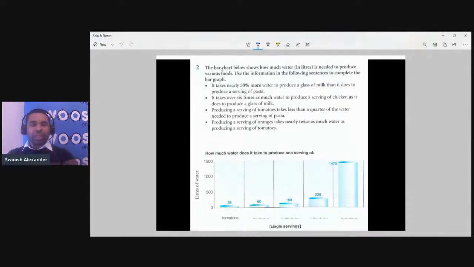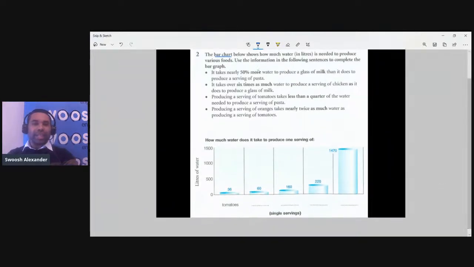And of course, we can see that if we look at the top here, it tells us that it's a bar chart, and we can see that by looking as well at the information in the chart. So what we have here then is a description of the chart. We can see that in the 4 sentences. And from these descriptions, we want to be able to label these different items in the bar chart.